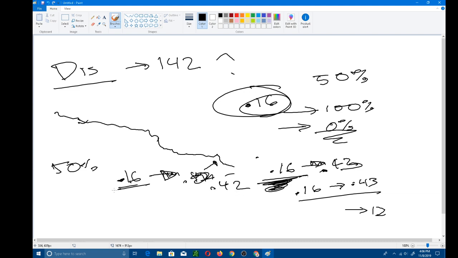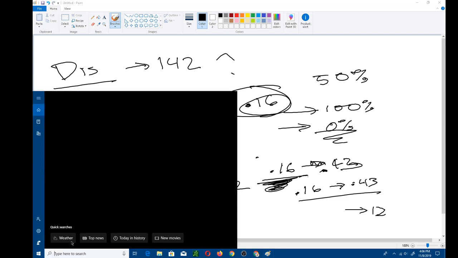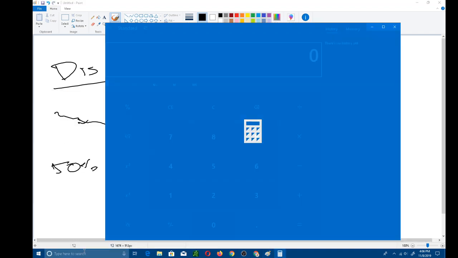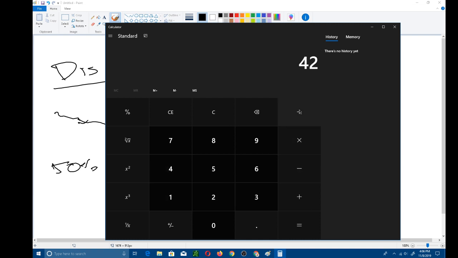If it goes up to 0.42, what do you stand to make? What is that change? It's about 2.6. I need my calculator. 43 divided by 16.